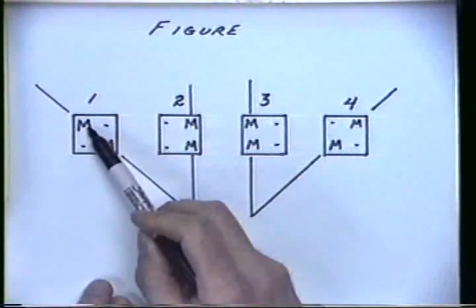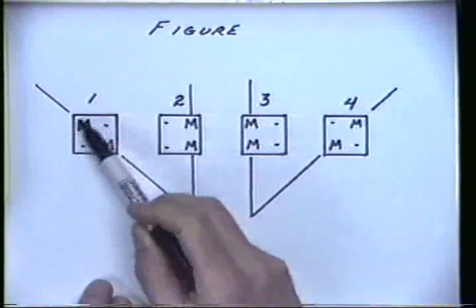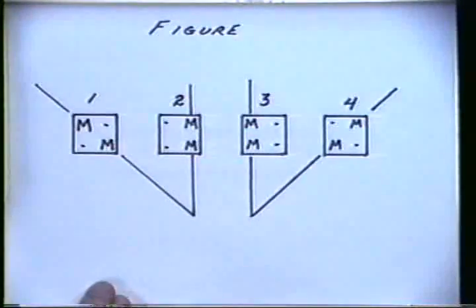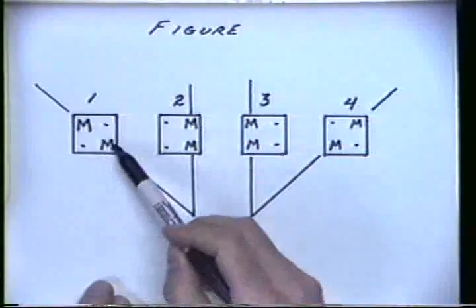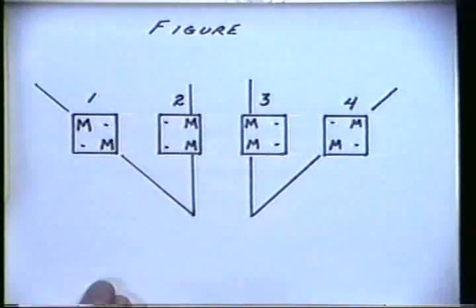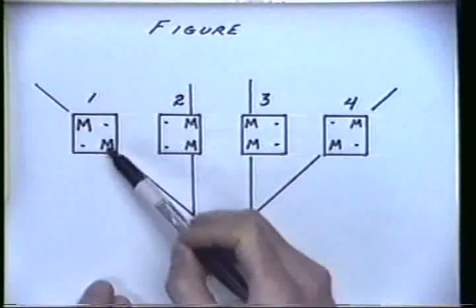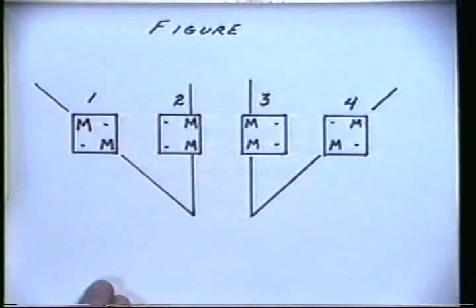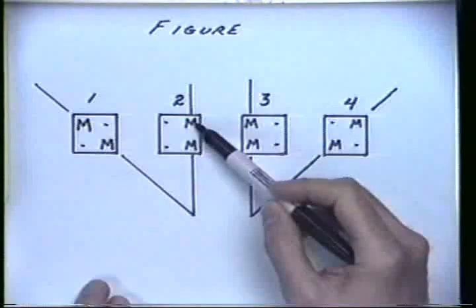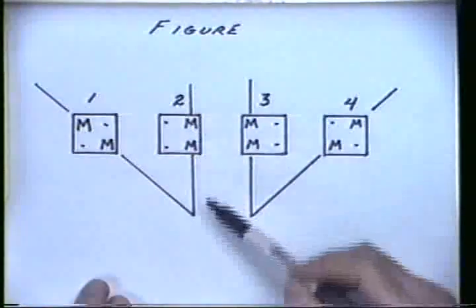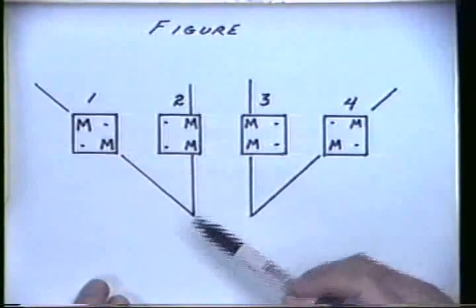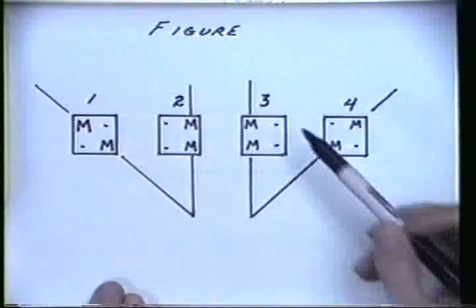Notice here, the M occurs in what is the first position, or subject position, of the first premise. It occurs in the predicate position of the second premise. This diagonal arrangement is called figure 1. When the middle term occurs in the predicate position of both of the premises, then we have a figure 2 syllogism.